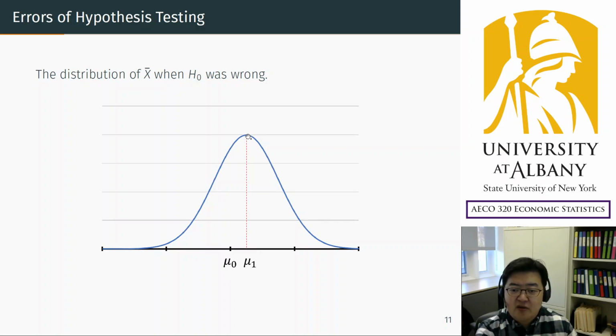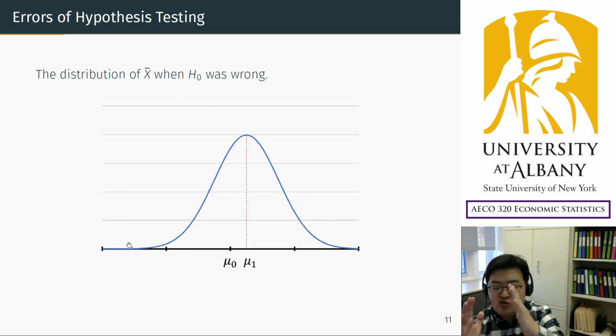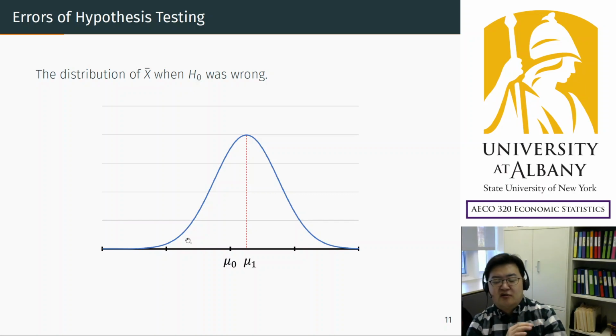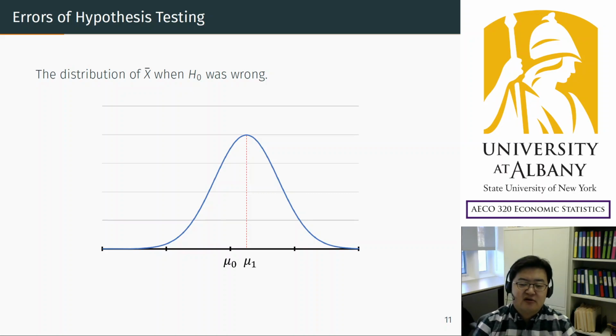Then your observation will be distributed this way, a little bit shifted this much. The more wrong the null hypothesis is, the more different the normal distribution would be from the distribution you assumed. So in this case the null hypothesis is wrong. That's the truth, so the data will be generated according to this distribution.